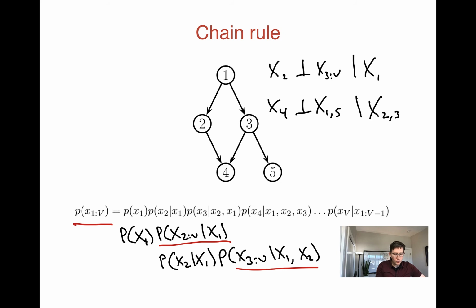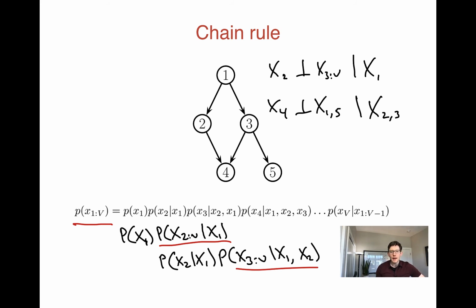So when I draw a network like this, I'm not really indicating conditional dependencies. I'll talk about that in a minute. What I'm really indicating is conditional independencies. That is, for this network, if I've drawn it like this, it's impossible for this not to hold: x2 must be independent of everything else given its parent. Okay, so that's what the graph asserts.